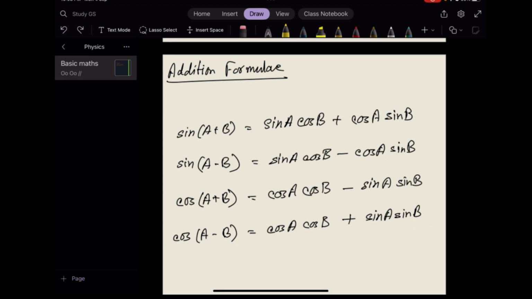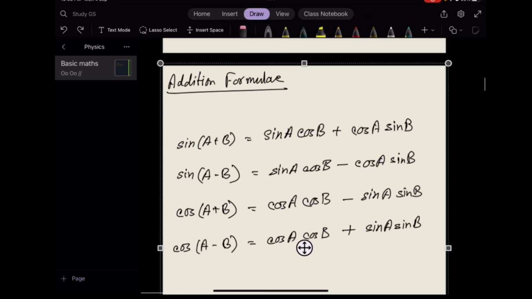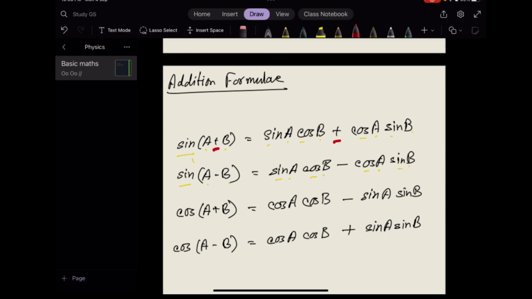A very easy way to remember this is, if you have sine here, then sine cos, cos sine, with a and b in order. Now if you have a plus sign here, put plus here. If you have a minus sign here, put minus here. This is that simple.